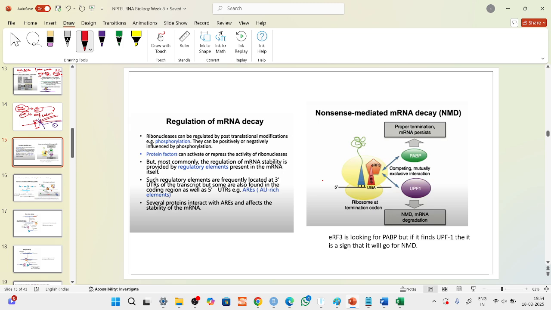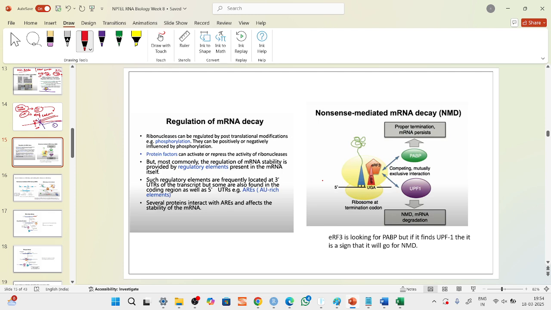If it finds poly A binding proteins, then proper termination can happen and mRNA can persist. But if by chance this ERF3 does not find the PAB, and instead finds UPF1, then that mRNA will be marked for degradation.